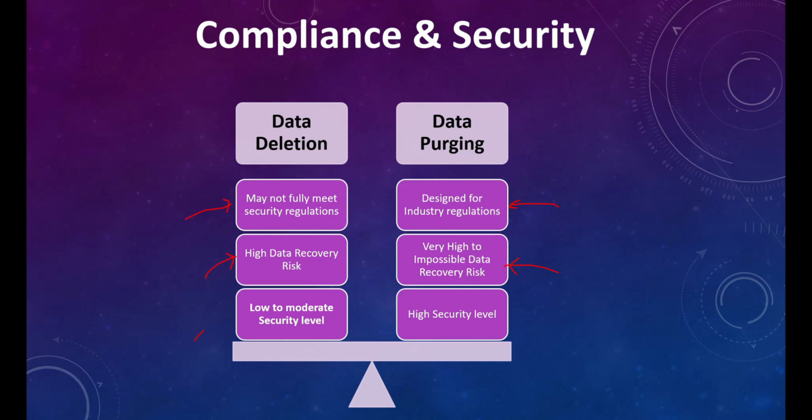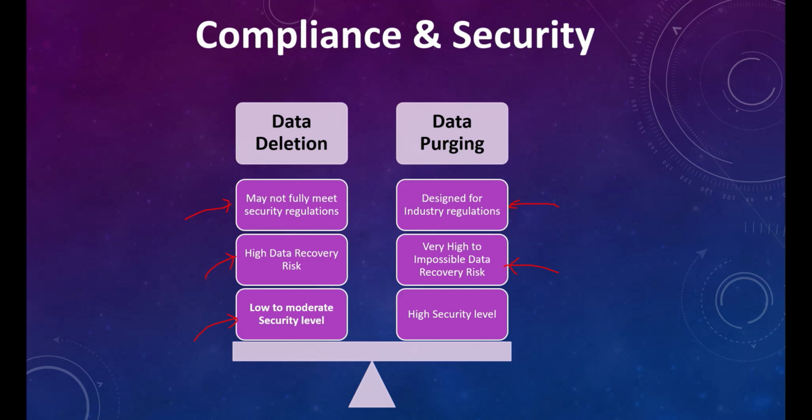There is a low to moderate security level with deletion, because the data can still get compromised. You are deleting the data and it still remains accessible to anyone who has the skills or tools or the capability of restoring the data or accessing the system via external attacks.